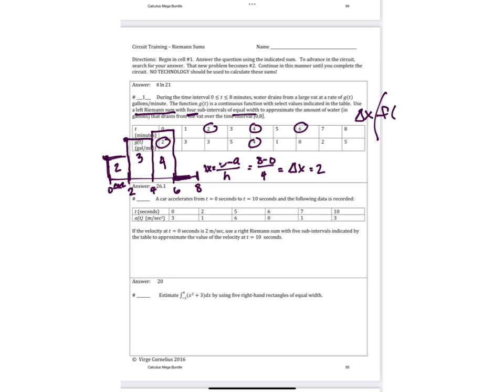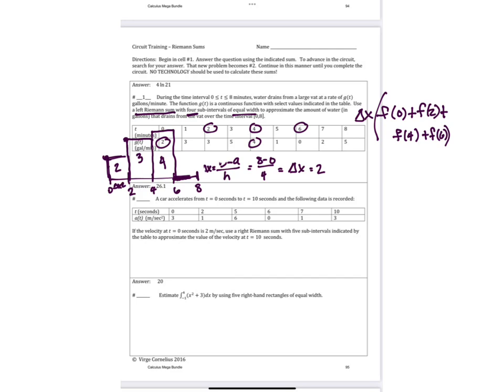F of 0 plus f of 2 plus f of 4 plus f of 6. This is where you get so much credit on these AP questions. They want to see that you can write out the Riemann sum.